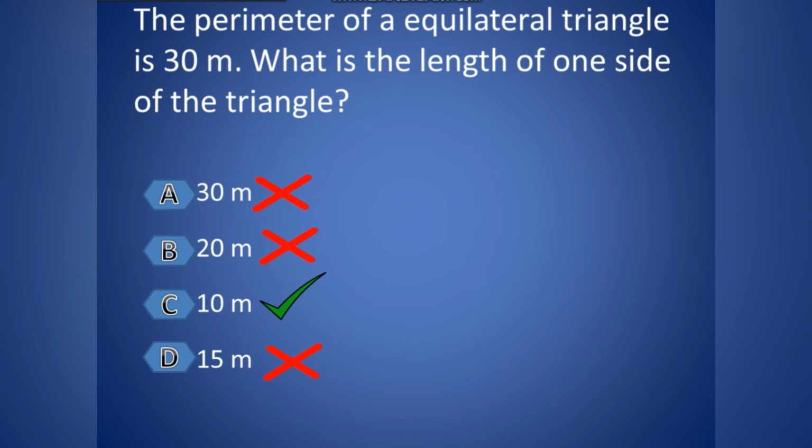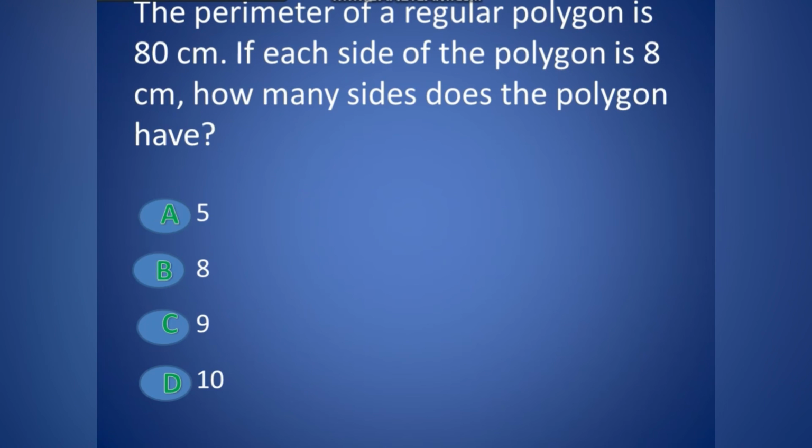We'll do a final question. The perimeter of a regular polygon is 80 centimeter. If each side of the polygon is 8 centimeter, how many sides does the polygon have? So what we need to do is to pick out the keywords. So the perimeter of a regular polygon, that means that all the sides are equal.